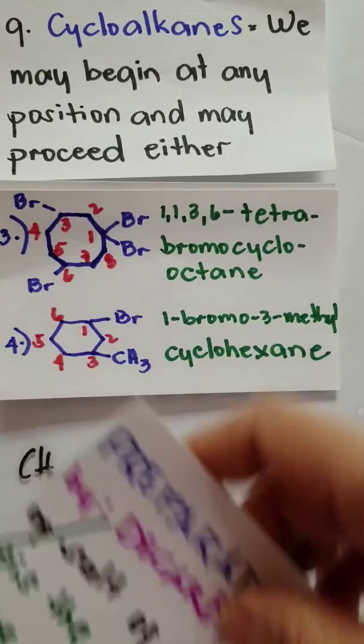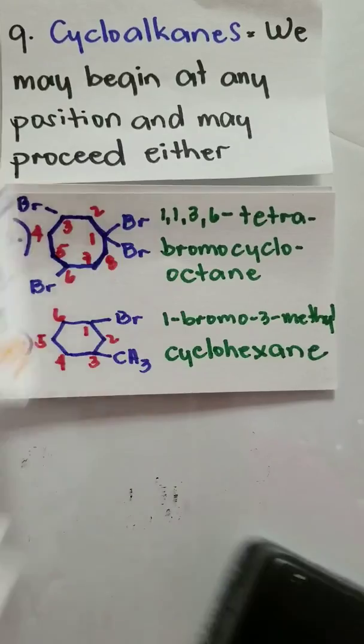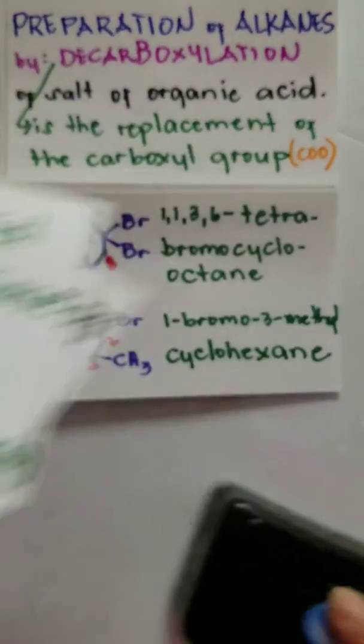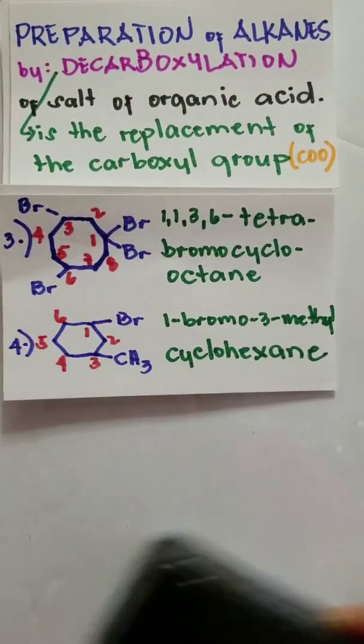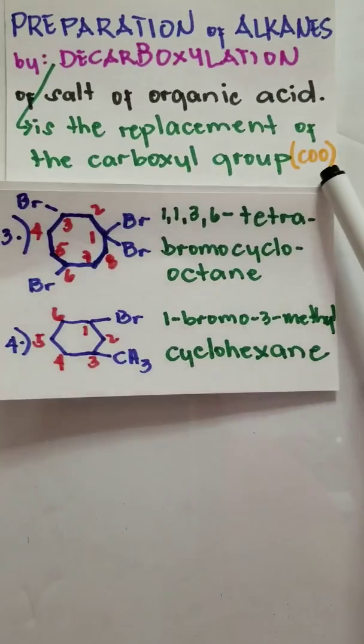alkanes, first we have decarboxylation. How to prepare or make an alkane compound is called, first, decarboxylation. What is decarboxylation? It's a replacement of the carboxyl group. In our first chapter, we had the carboxylic acid group, right? Here we have the carboxyl group, so without hydrogen, you have only COO.